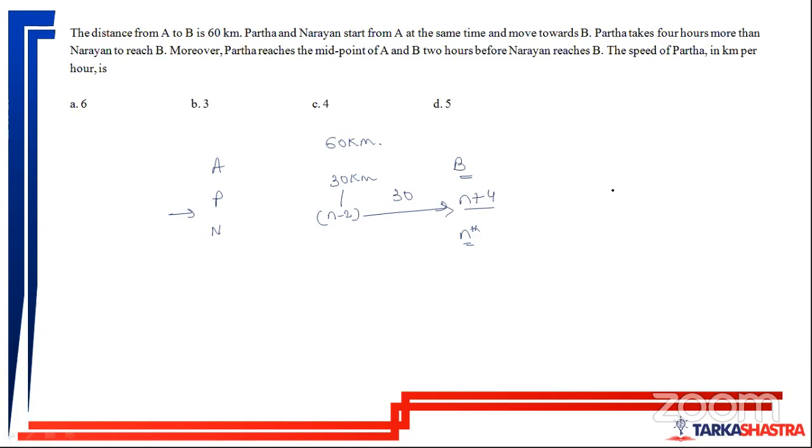That means to cover a distance of 30 kilometers, Partha takes 6 hours. Therefore, his speed will be 5 kilometers per hour. Very easy question. This was actually asked in CAT 2018 slot 1. So you just have to pick the easier questions.